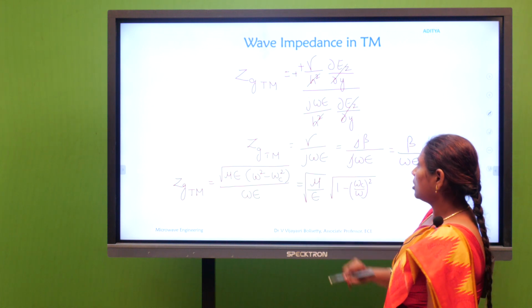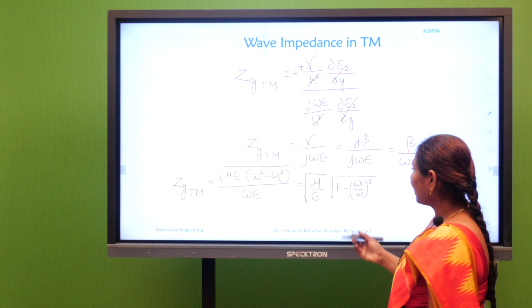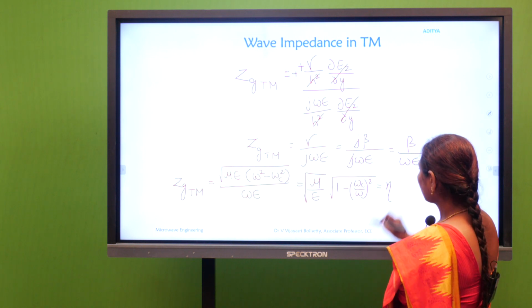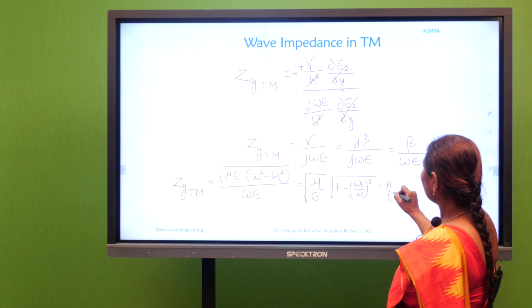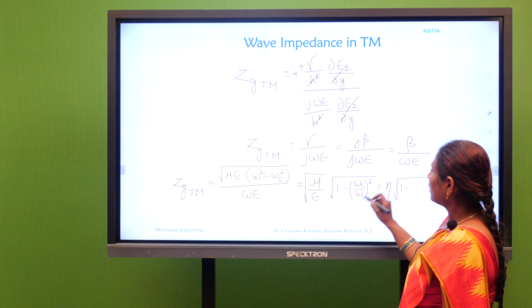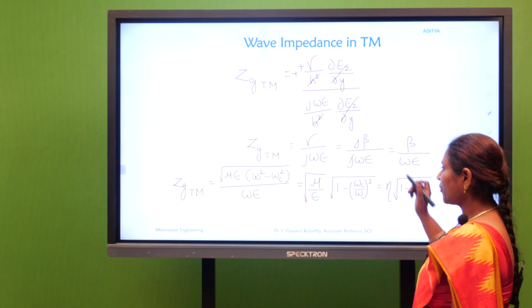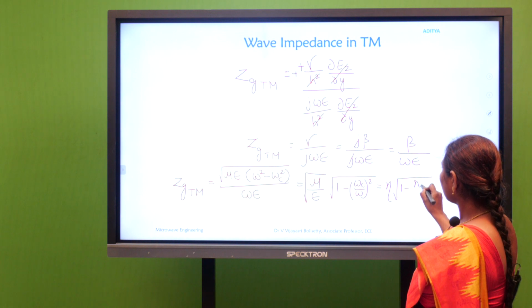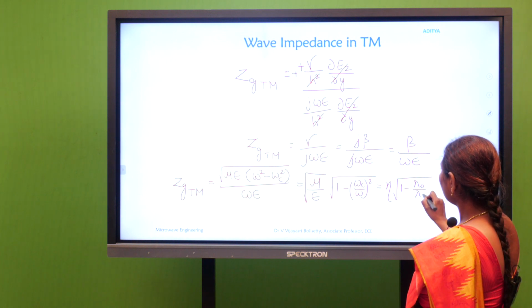So, this root mu by epsilon can be considered as eta, and this can be written as root 1 minus omega c by omega whole square. We can write it as fc by f whole square, or we can write it as lambda naught by lambda c whole square.